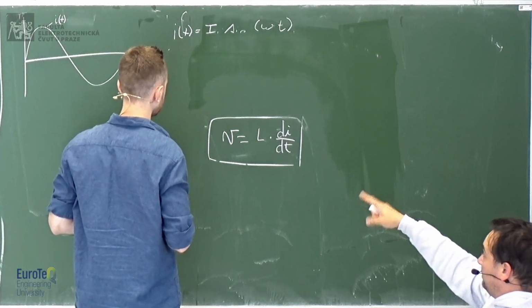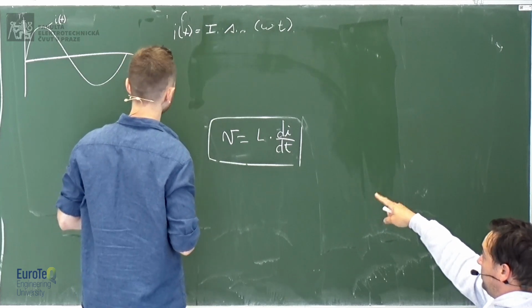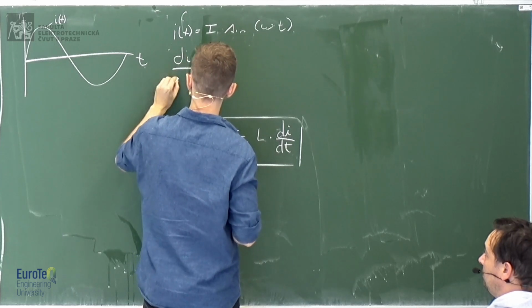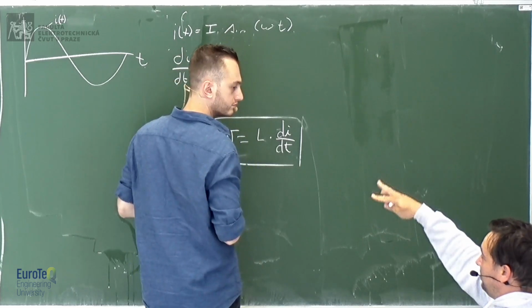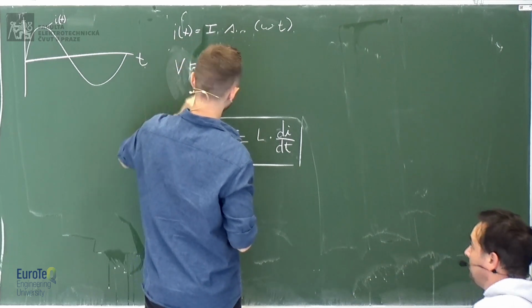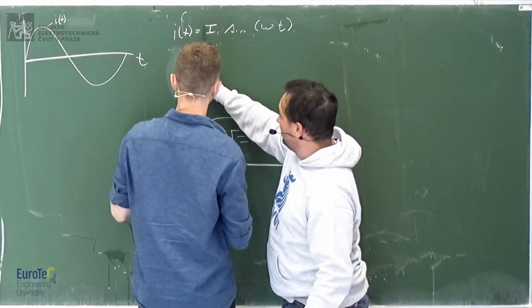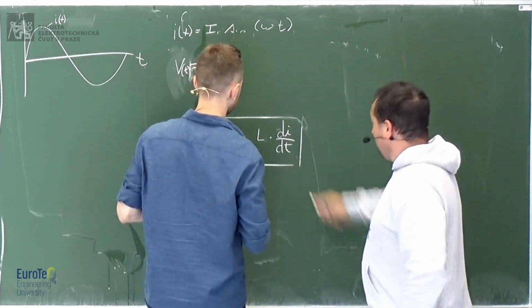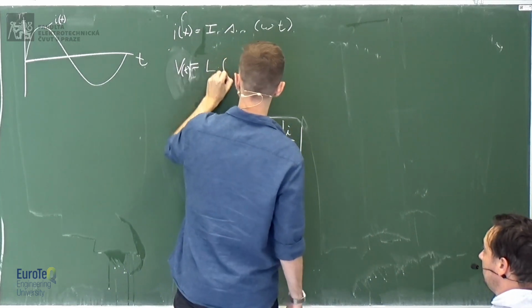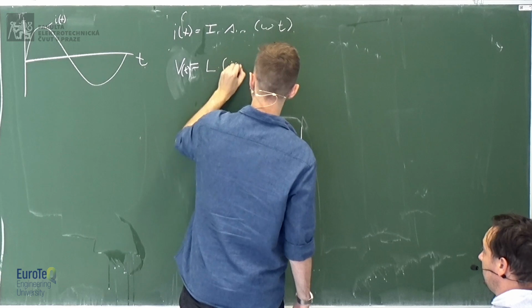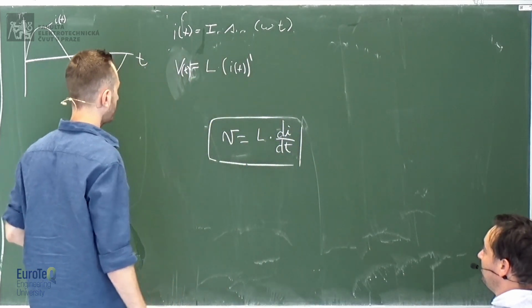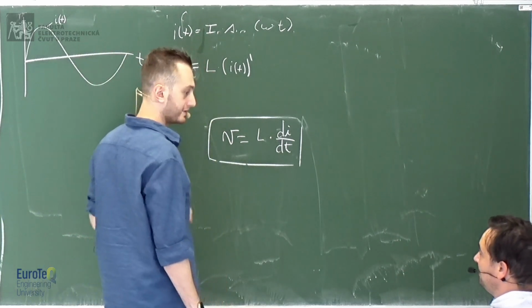So V, the voltage as a function of time, is equal to L, derivative of the current. You want me to derive it?